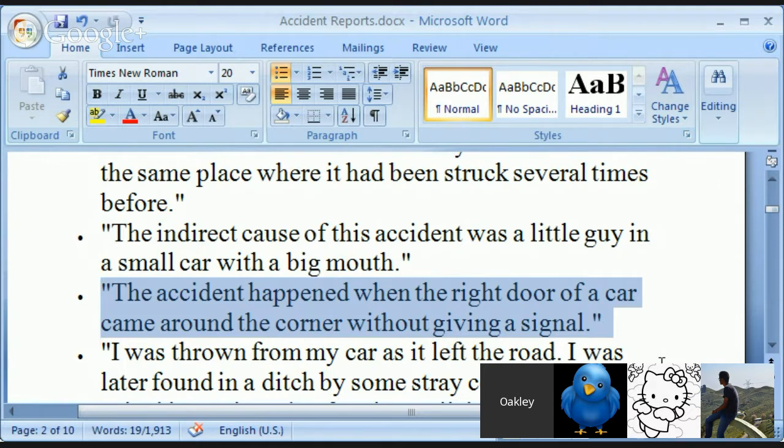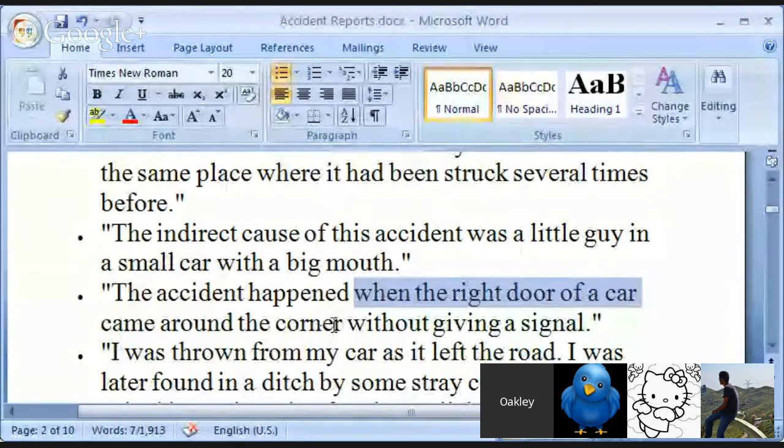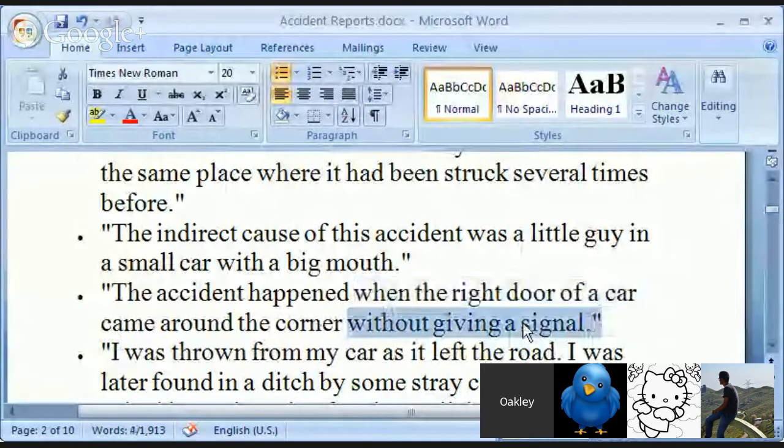I don't know. Yeah. That his car's right door. No, it came around the corner. No, he got the accident by himself, right? The accident happened when the right door of a car, I guess that's another car, came around the corner. But of course, without giving a signal is ridiculous because a car door does not have a signal.